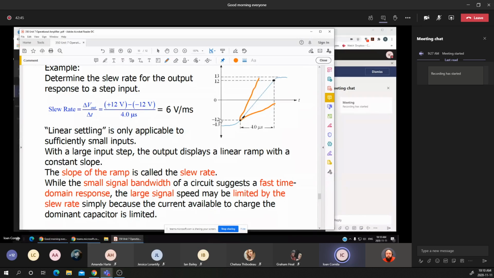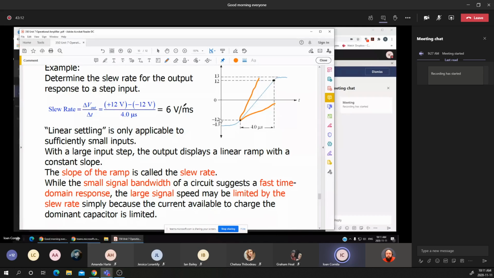Suppose that we have the ramp, or the swing voltage between the positive 12 and the negative 12. And if we are measuring how long it takes for the output voltage to reach the maximum voltage or the saturation voltage, which is 4 microseconds, which gives a voltage of 6 volts per millisecond.